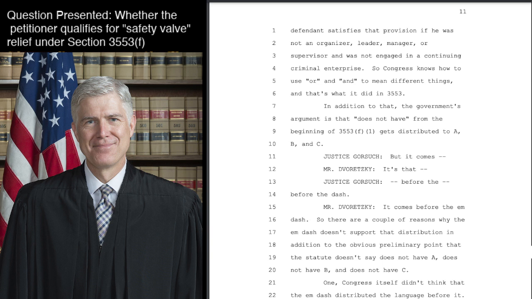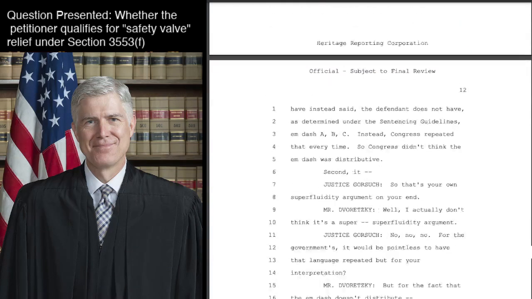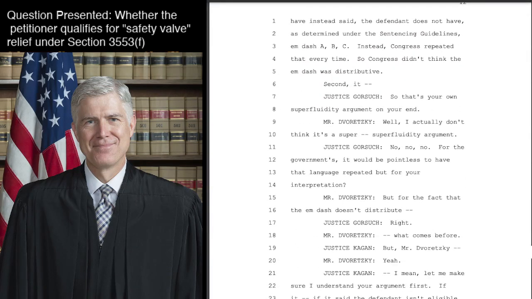If it did, then it would not have had to repeat in A, B, and C the phrase "as determined under the sentencing guidelines." Congress could have instead said the defendant does not have, as determined under the sentencing guidelines, A, B, or C. Instead, Congress repeated that every time. So Congress didn't think the em dash was distributing.